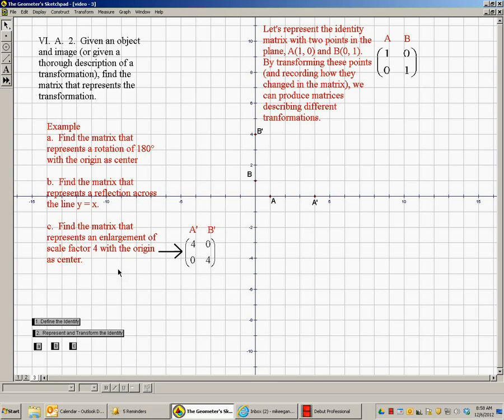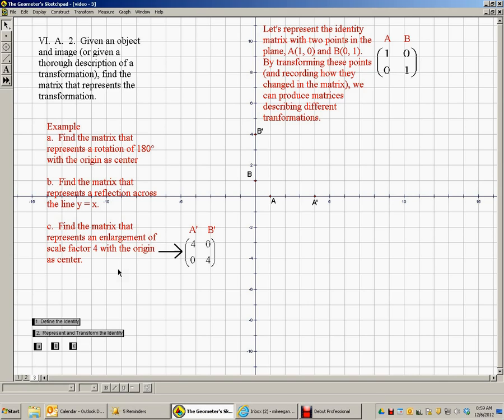A couple of final notes. This neat fancy trick only works in cases where the center of rotation or the center of enlargement is at the origin. This trick is not going to work otherwise. And in terms of reflections, it's only going to work for lines that pass through the origin: the x-axis, the y-axis, y = x, y = -x.